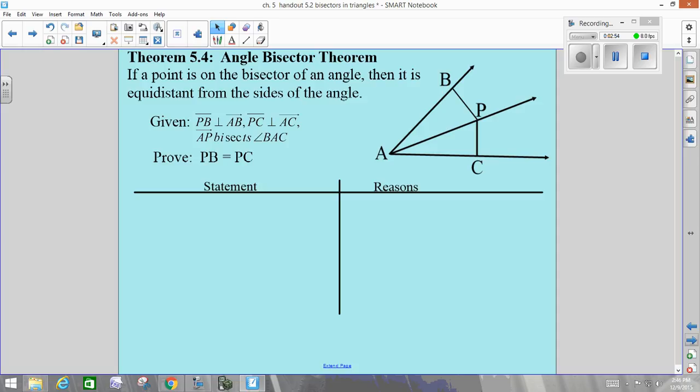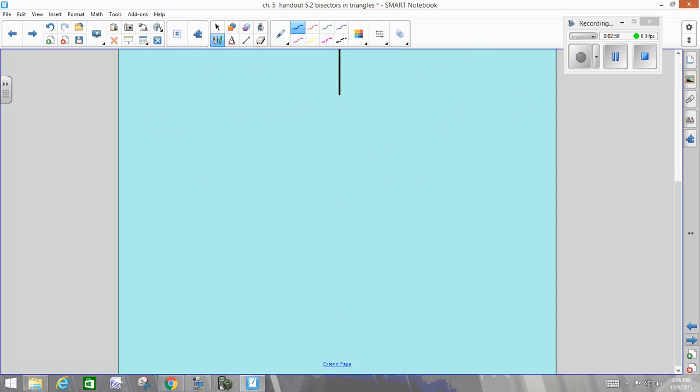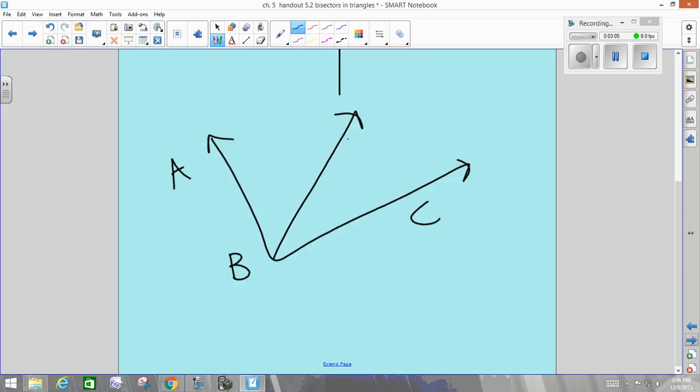This is the Angle Bisector Theorem. Okay, what's happening here in my picture? Good, angle ABC is being bisected, okay?